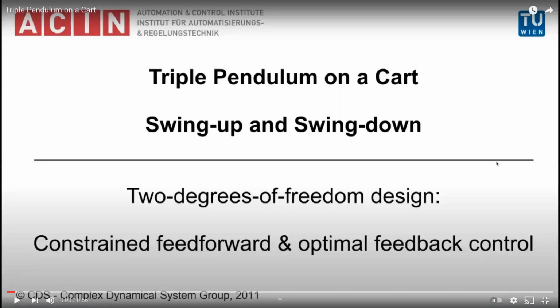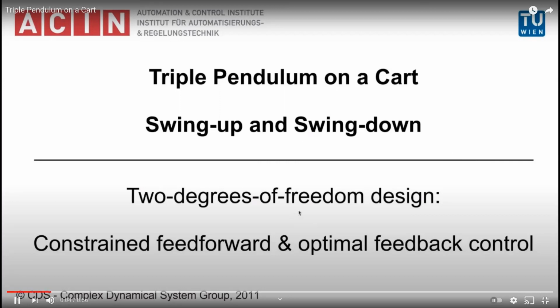Here I want to show you a few examples of control systems. For instance, this is a triple pendulum on a cart that we want to control and stabilize in its inverted vertical position.